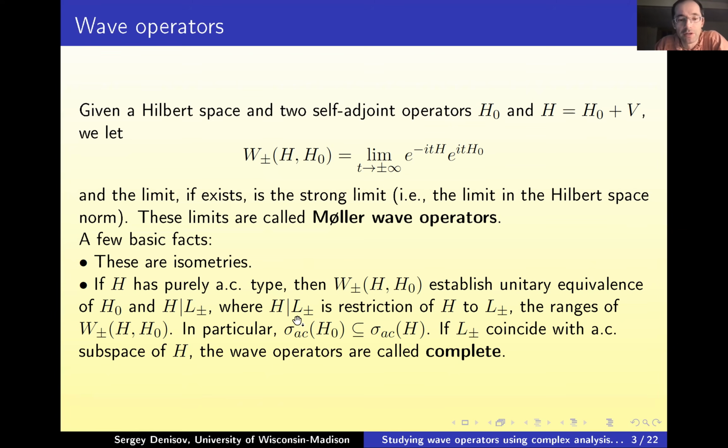That follows from the intertwining property of the wave operators. In particular, if you know that there is some AC spectrum for the unperturbed operator H naught, then it will be inside the AC spectrum of the perturbed operator. In particular, you can establish the existence of the spectral type.